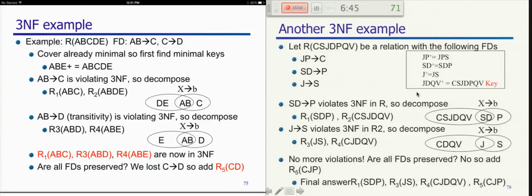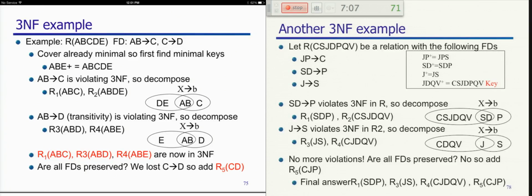At the start, does JP giving you C violate 3NF? Well, JP is not a key, and C is not part of your key, so yeah, it is violated.